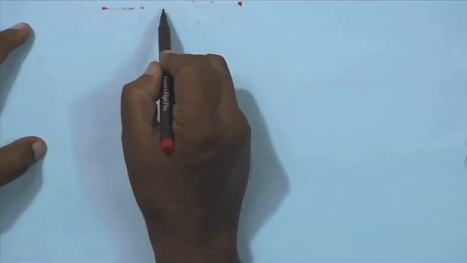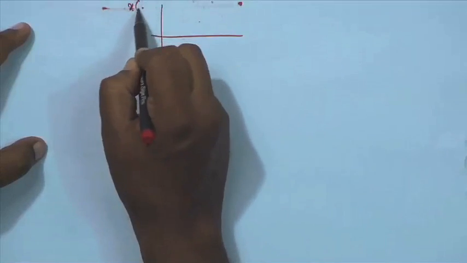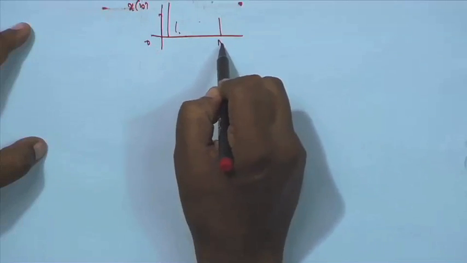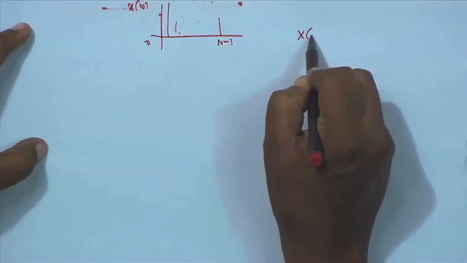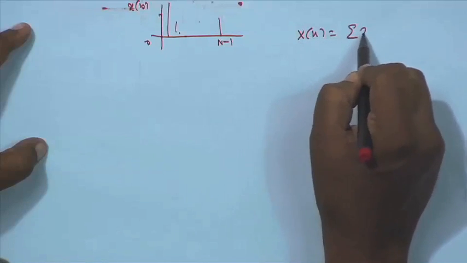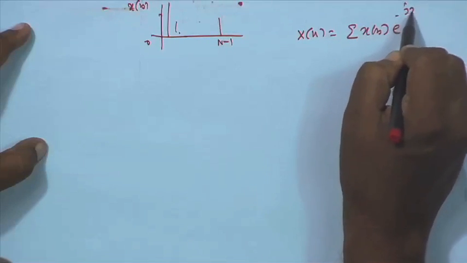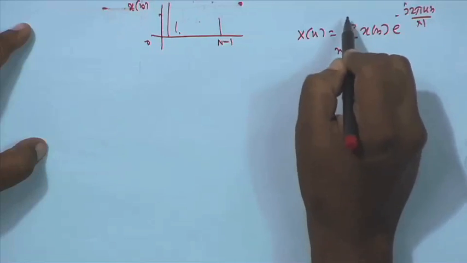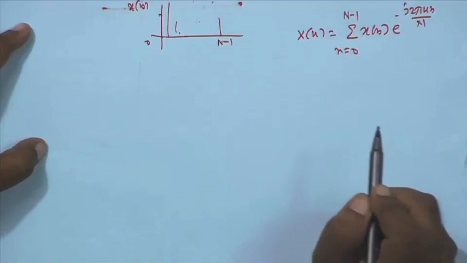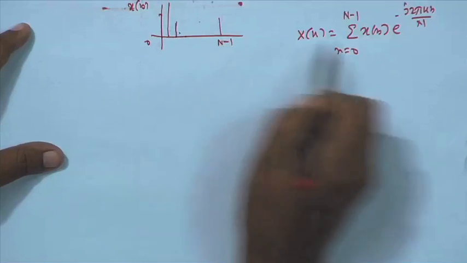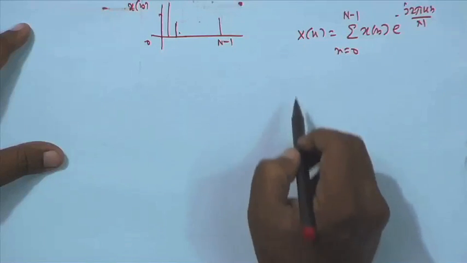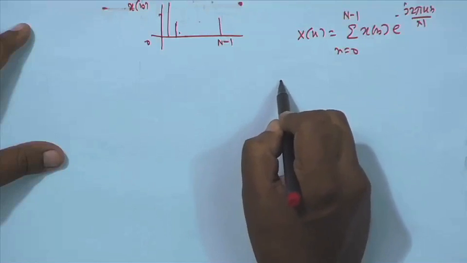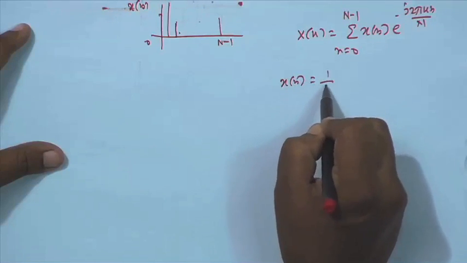We have seen earlier that suppose you have a sequence x n, 0 to n minus 1, and then you find its DFT. Then using this DFT you can write x n by the inverse relation.